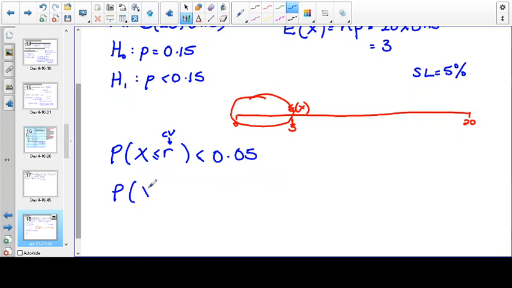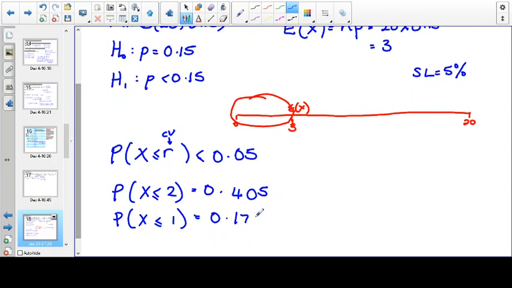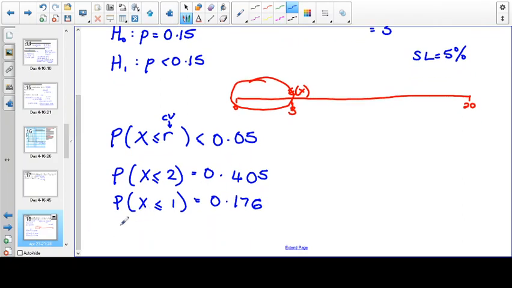If I start with 2, so x is going to be 2, n is going to be 20, and p is going to be 0.15, that is 0.405. Well, that's too big. If I try 1, that's 0.176, which is too big.